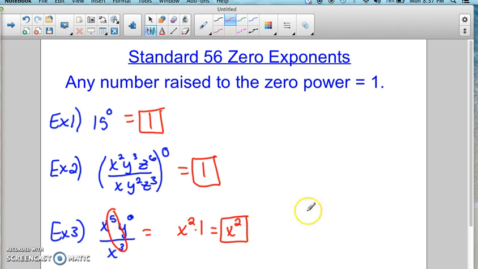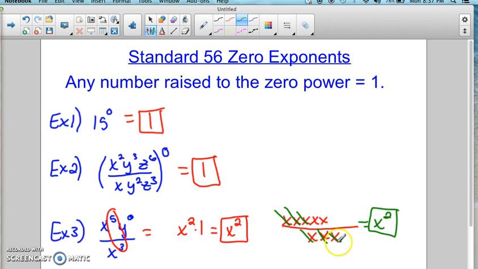And there's your answer. If you were to expand that problem out, just to show you, you really have x times x times x times x times x at the top, and then again you have y to the 0 power, so that becomes a 1, and then you have x times x times x at the bottom, and so that cancels out, cancels out, cancels out, and you have x squared left at the top.